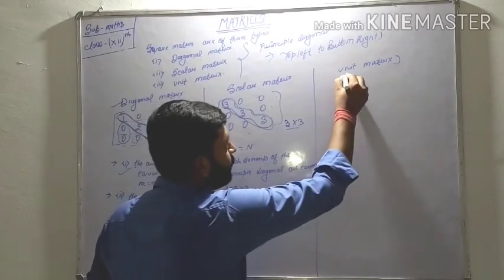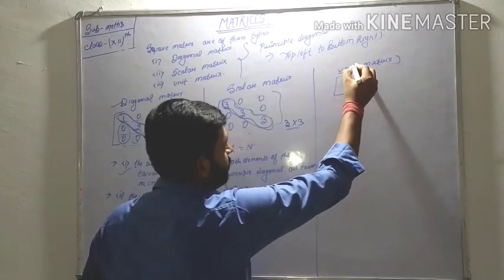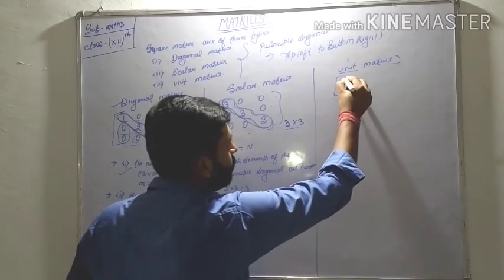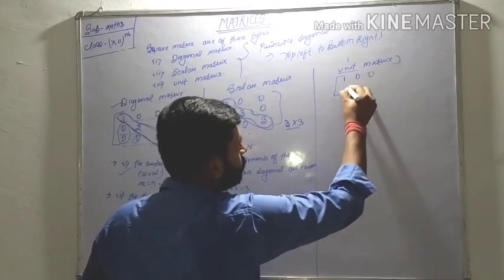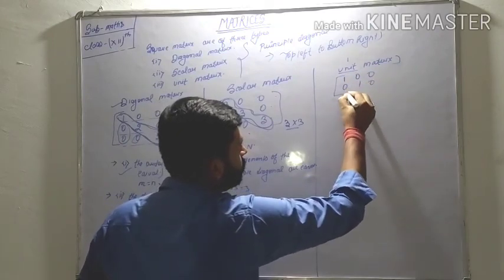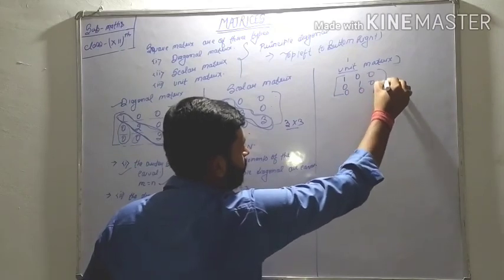And now the unit matrix, which is 1 0 0, 0 1 0, 0 0 1.